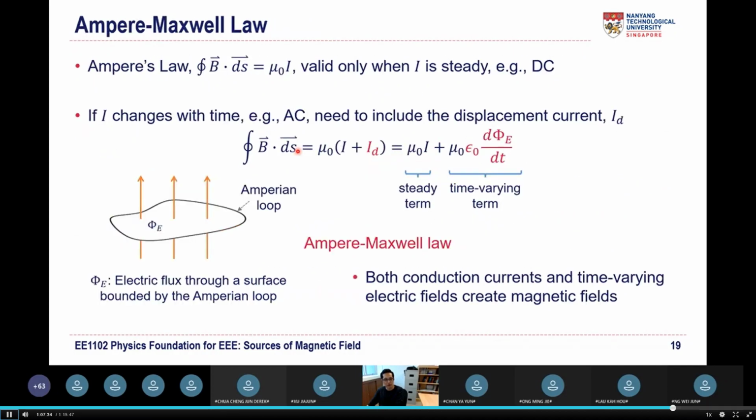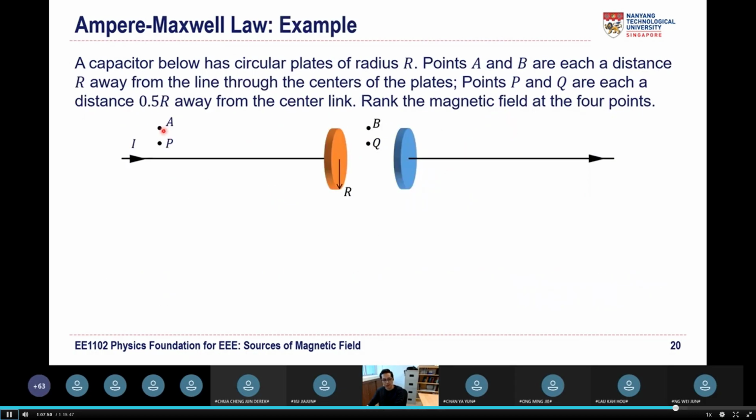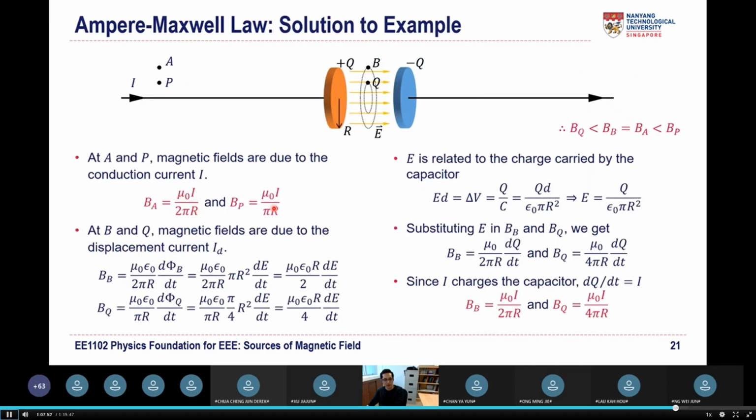Substituting that into here, it's going to be 2 pi r B equal to mu naught I. That gives us B equal to mu naught I over 2 pi r, of course at point A, and for point P, that's going to be just pi r, because that's the circumference for the line integral that includes point P.